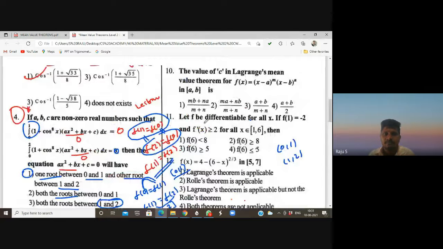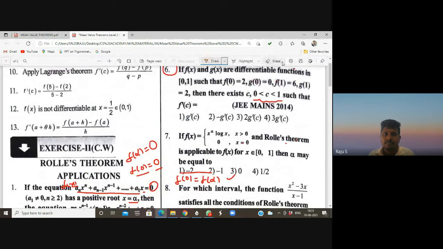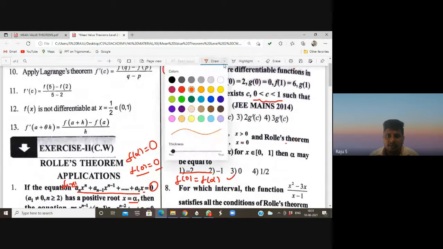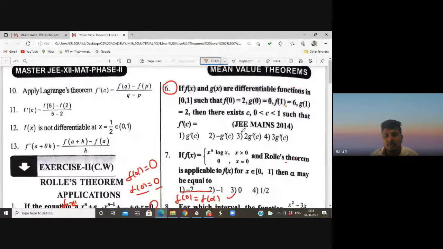Next, question number 6. It is clearly a JEE Mains question. See, try to understand, it is also logical. Students, option verification: f dash of c is equal to g dash of c. When I consider the first one, when I take the integral, derivative and integral cancel, so that f of x is equal to g of x plus c.